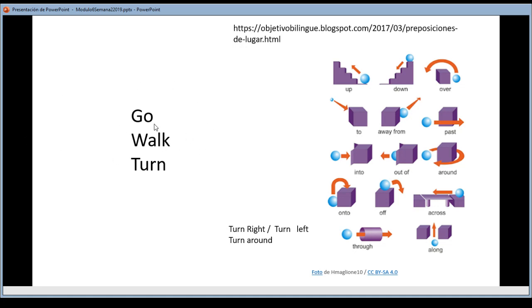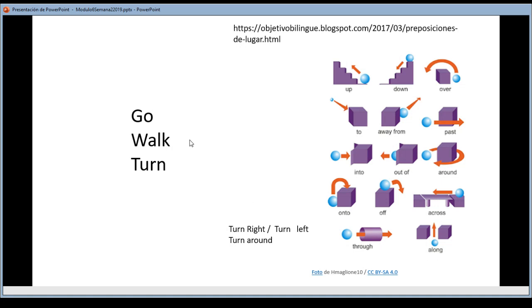For example, go up or go down, go over, go to, go away from, go past, go into, go out of, go around, go onto, go off, go across, go through, go along.